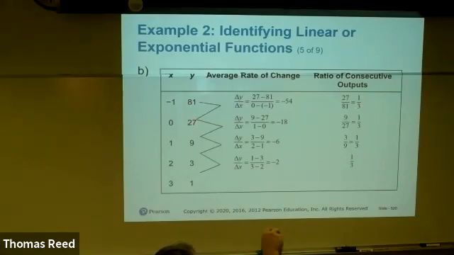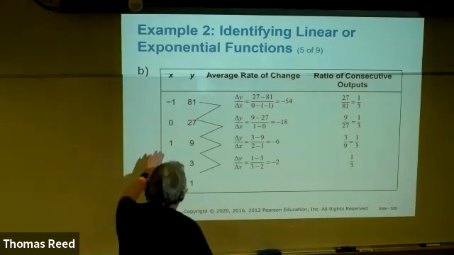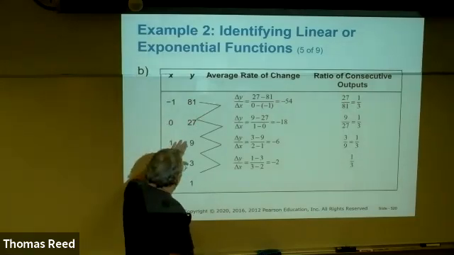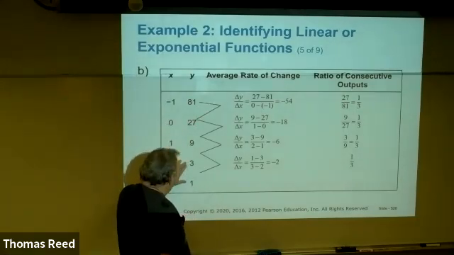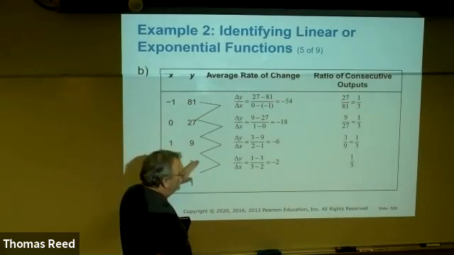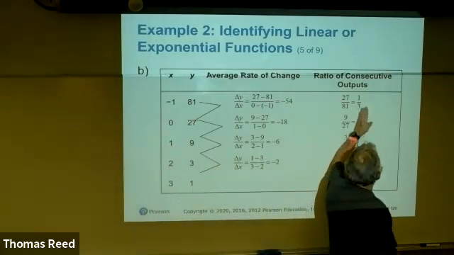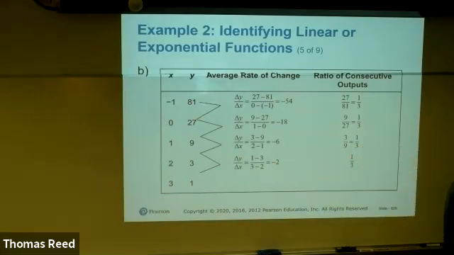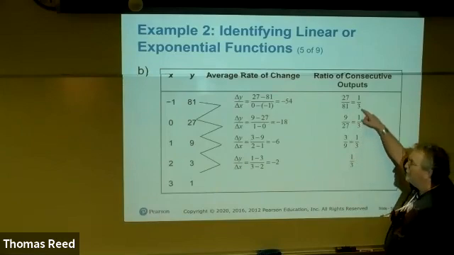So that's 27/81, which reduces to 1/3. And we go on down the line and we see that 9/27 is 1/3, 3/9 is 1/3, and 1/3 divided by 1 is 1/3. So they all equal the same ratio, which means it is exponential, where the base is 1/3.